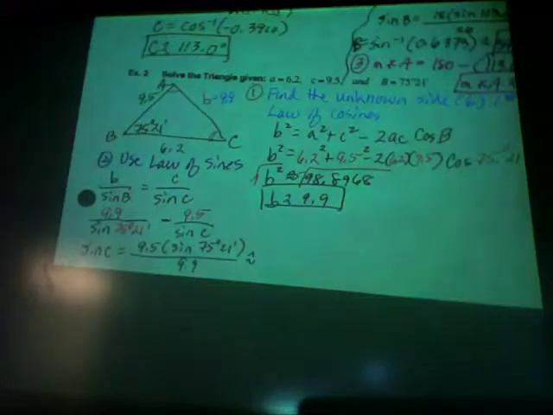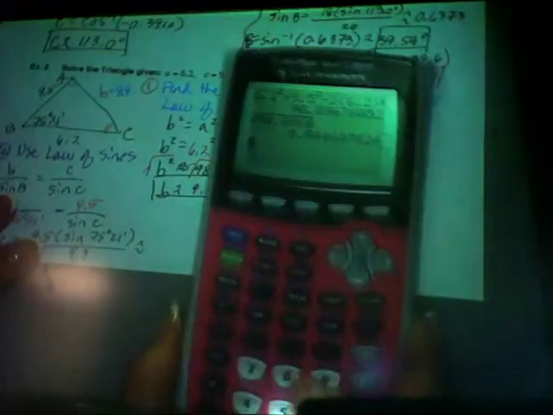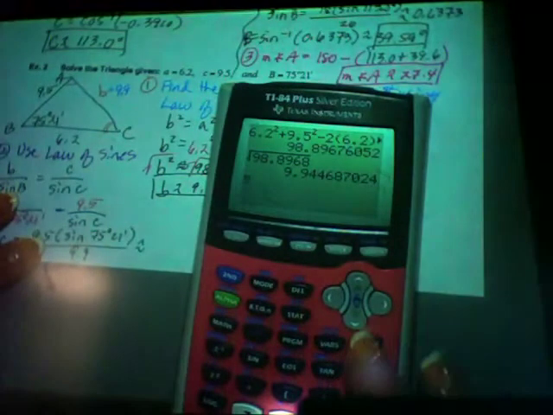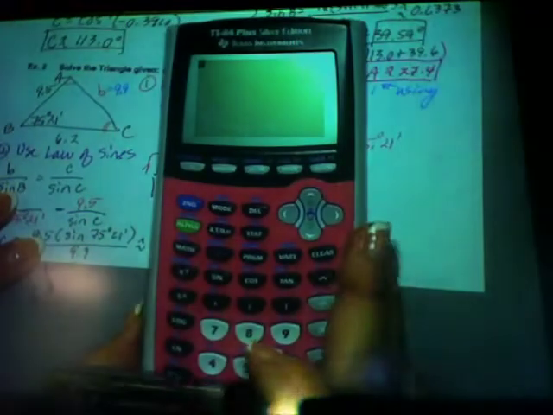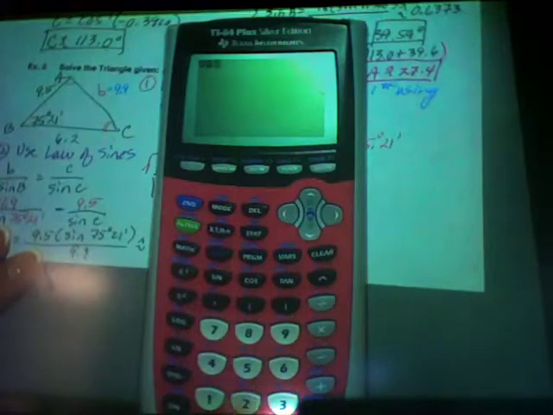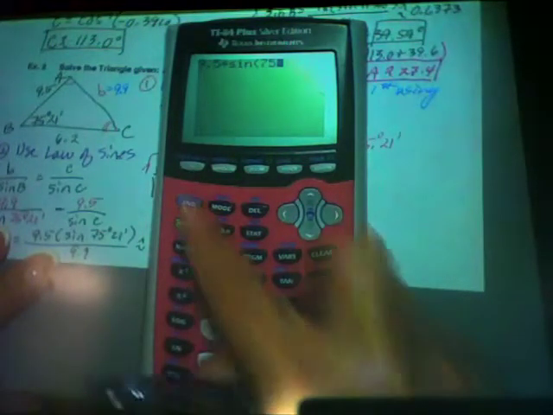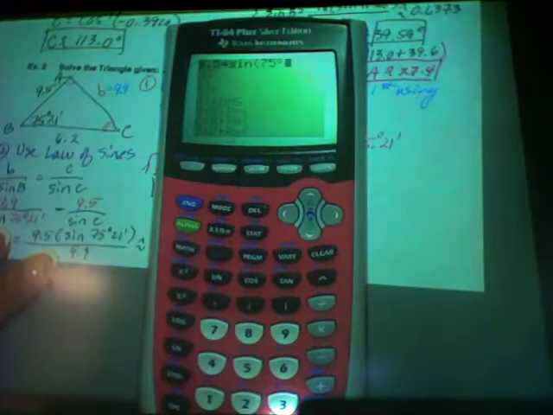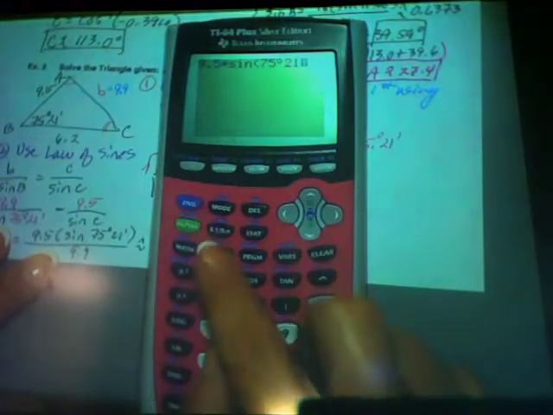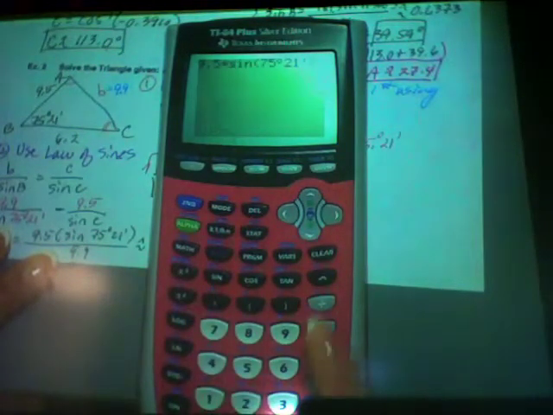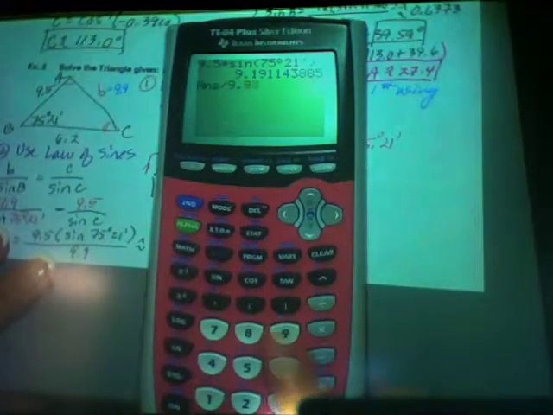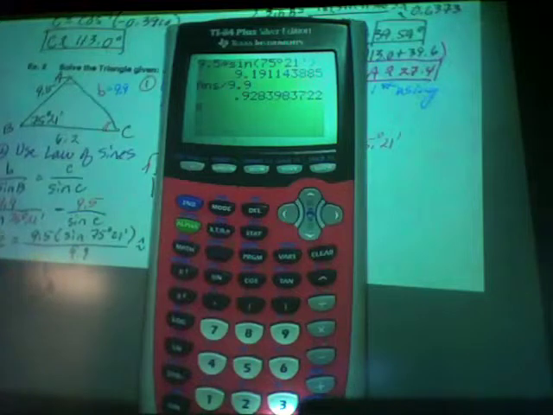So this is going to give us a decimal equivalency. So let's throw that in the calc. So you should get .9284.